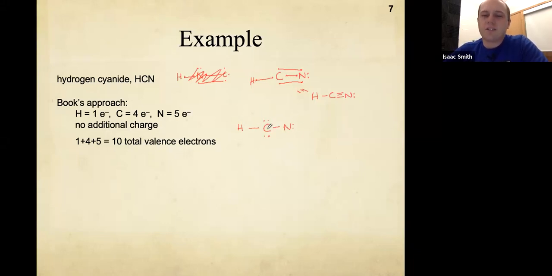It's got 8 electrons around it. Nitrogen only has 4. So what you do at this point is you say, okay, nitrogen needs more, so let's share these 2 with nitrogen and these 2 with nitrogen. If we rewrote that, we'd have hydrogen connected to carbon, connected to nitrogen. And you can count those up and see that carbon has a full octet, nitrogen has a full octet, and hydrogen has 1 bond, like it's supposed to have.